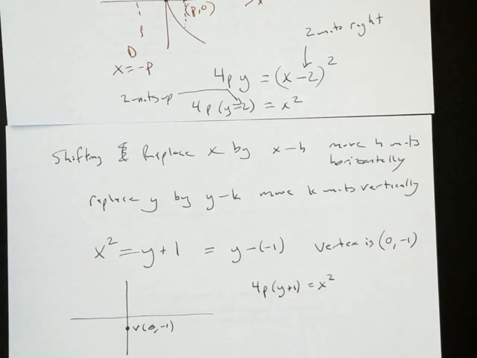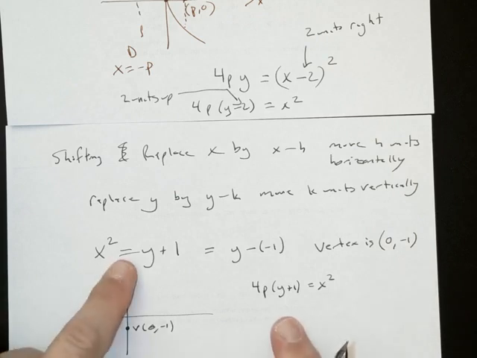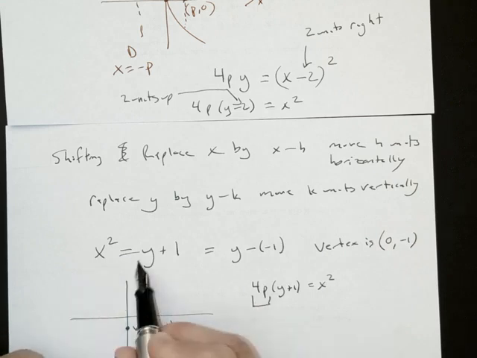That's my standard equation, isn't it? 4py equals x squared, only we have the shift, so it's y plus 1 there instead of y. Wait a minute. If I match that up, what's the value of 4p?